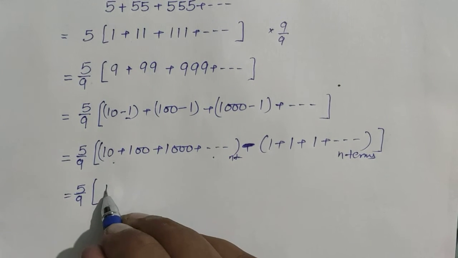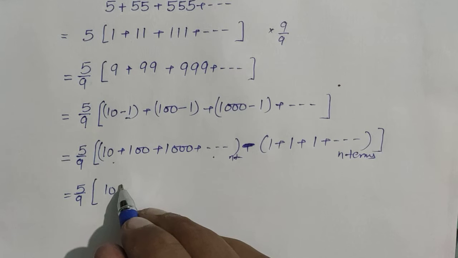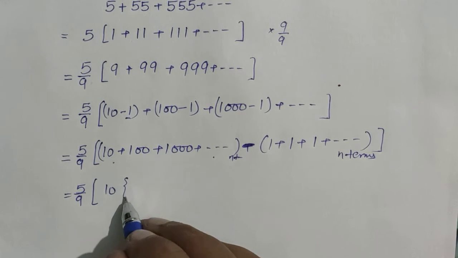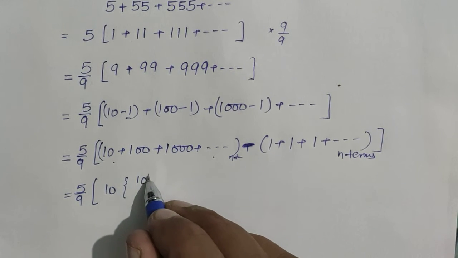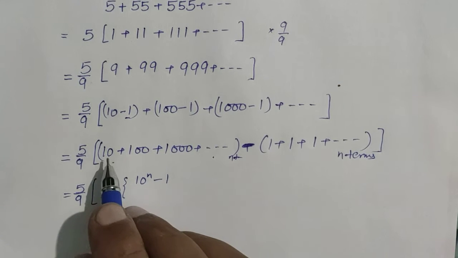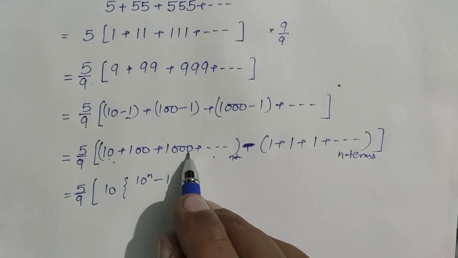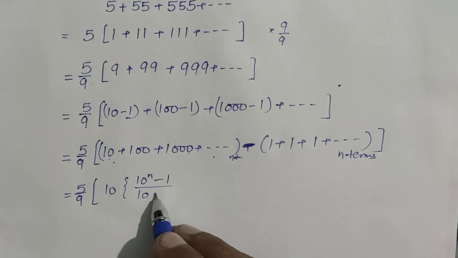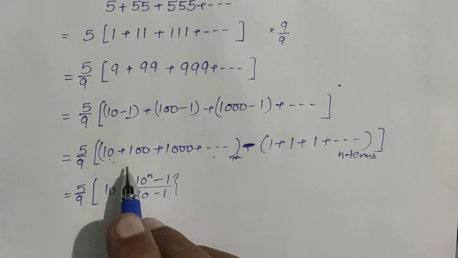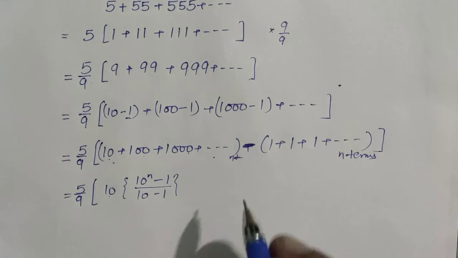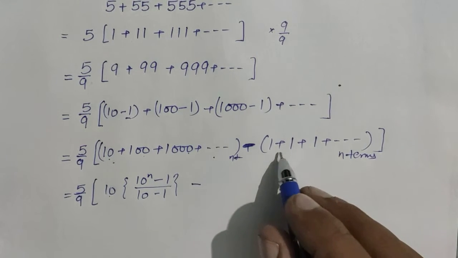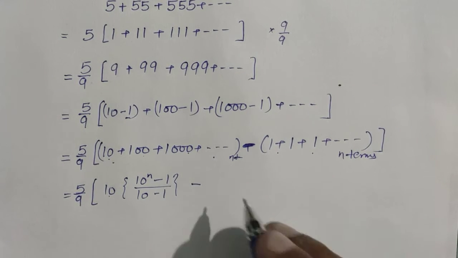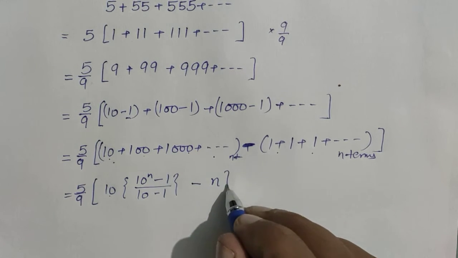So this is a, r to the power n minus 1 upon r minus 1. We are able to see the common ratio is 10 and the first term is also 10. R is greater than 1, that's why I am writing this. Minus 1 n times we are adding, so it will become n.